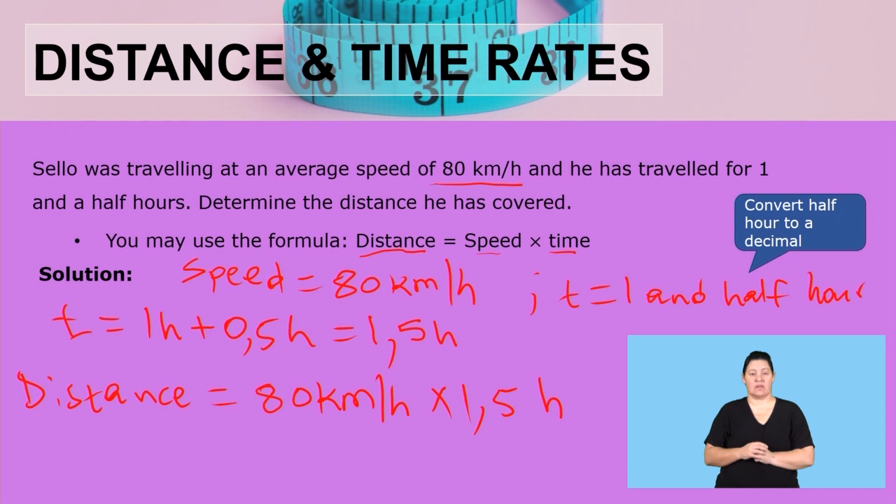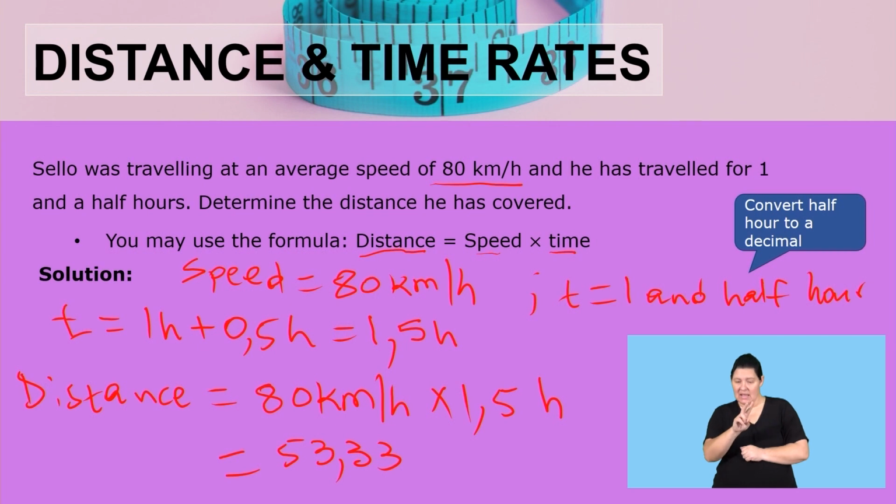Then the distance that she has covered will be 53.33. You can see your answer is recurring. But if it wasn't recurring, the examiner would advise you to round it off. So now we can leave it as 53.33.